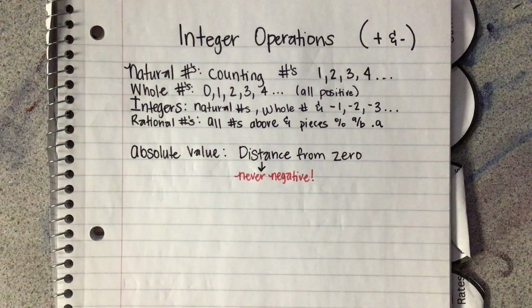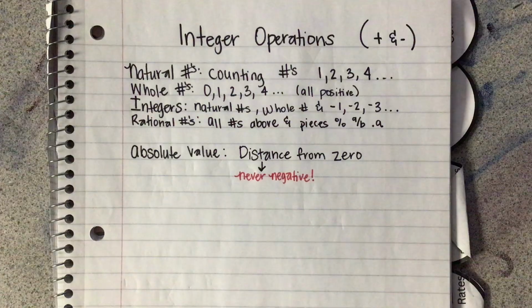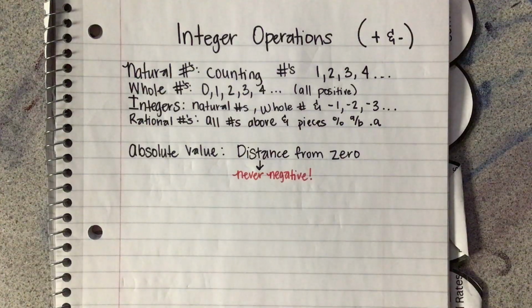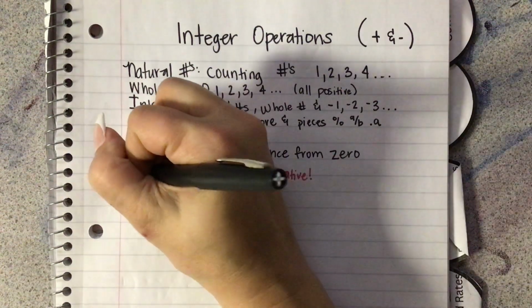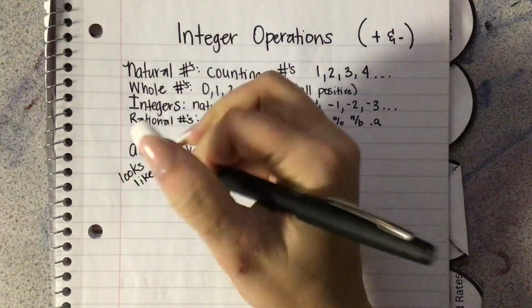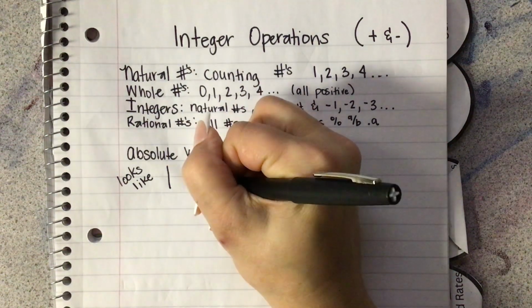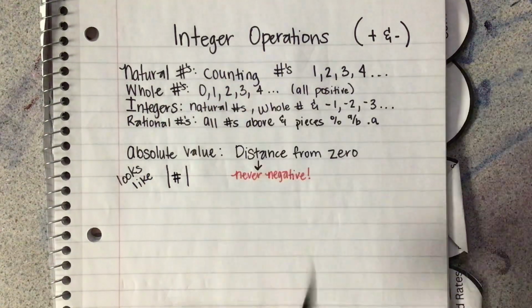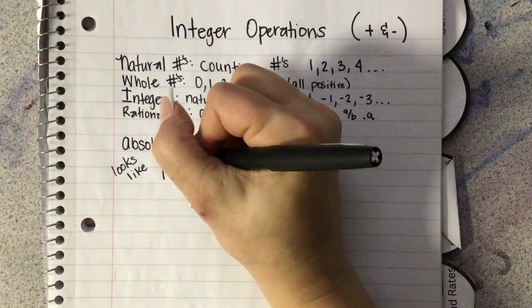How do we represent absolute value? Like, what does it look like? Mona? Mm-hmm. What does it look like? Number in between two lines.